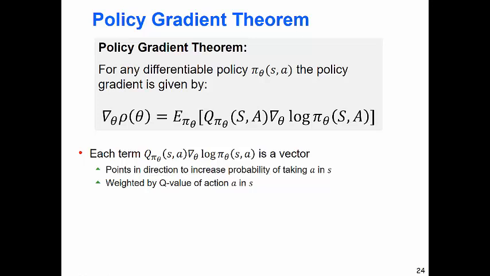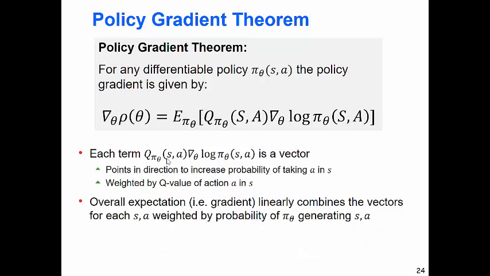And so this is basically saying, well, if the Q value is large, we're going to try to move in that direction more. So this actually makes a lot of sense, right? In policy iteration, the extreme case, you would find the maximizing action, and you would move the parameters in the way that completely maximizes the probability of taking that action. Here, we're not going to be able to do that. We're going to take a little step in that direction.